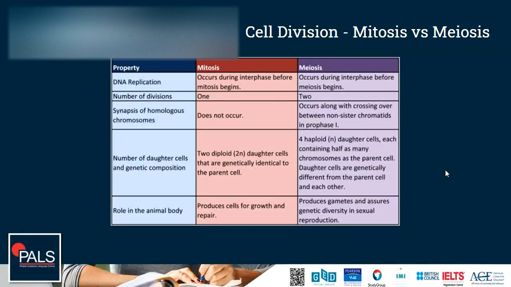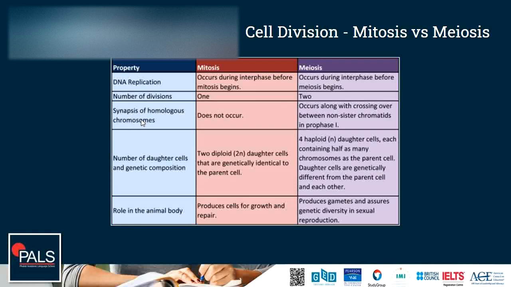So one more contrasting of mitosis and meiosis. DNA replication happens in both mitosis and meiosis before it begins. In mitosis we have 1 cell division, in meiosis we have 2 cell divisions, meiosis 1 and meiosis 2.